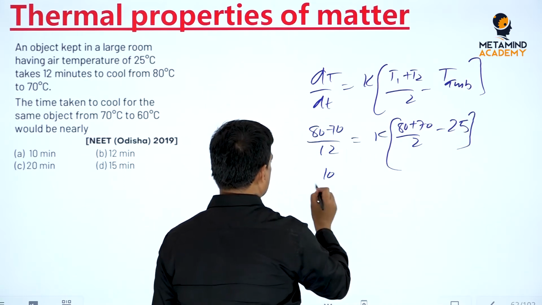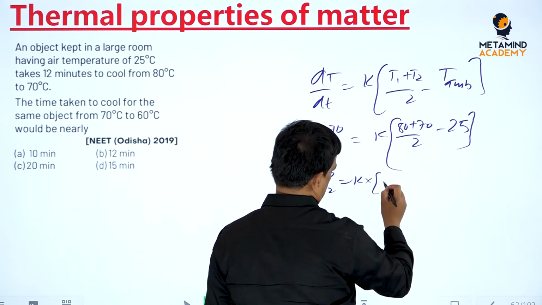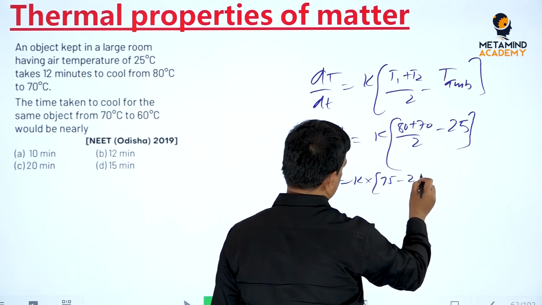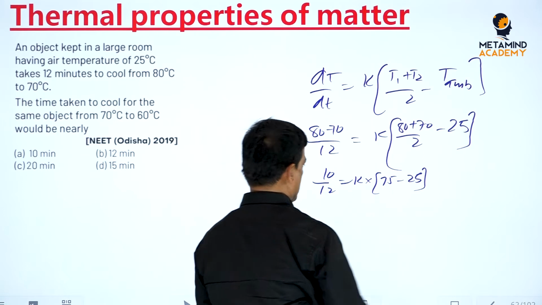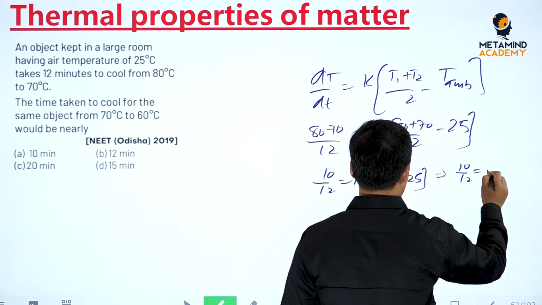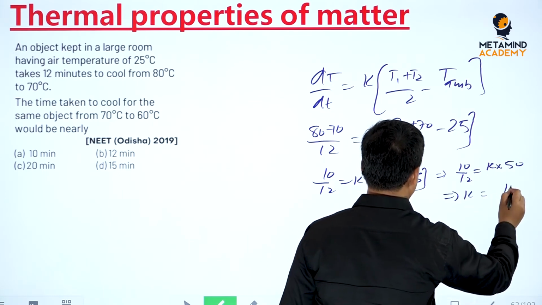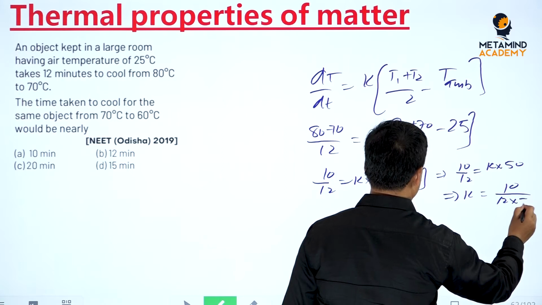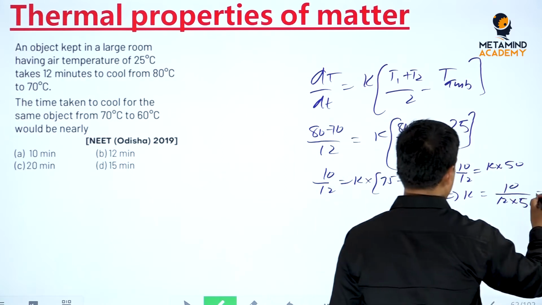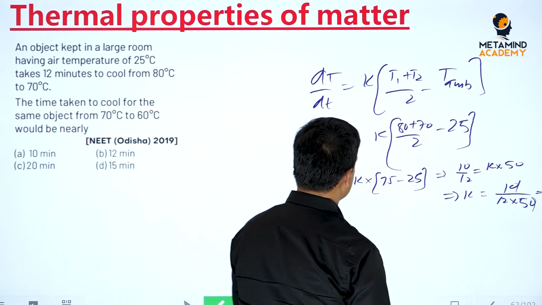Okay, so 10 by 12 is k into (75 minus 25). This implies 10 by 12 is equal to k into 50. This says k is equal to 10 by (12 into 50), or 1 by 60. Okay, now you have k as 1 by 60.